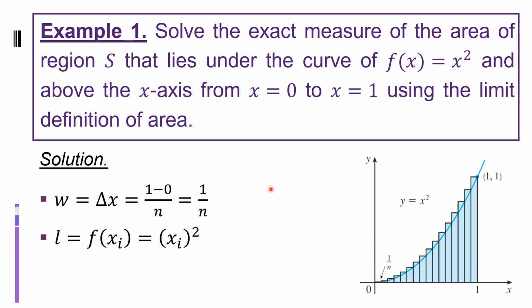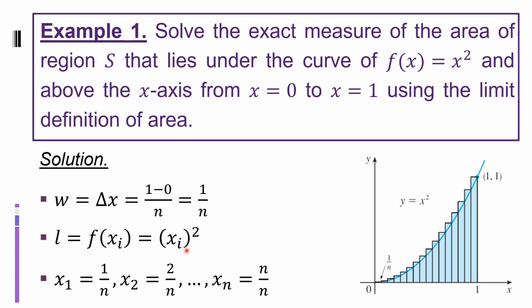Now, the length is f of x sub i equals x sub i squared. So, here, we are using the right end point. So, x sub 1 natin is actually equal to 1 over n. Tapos, yung x sub 2 natin is 2 over n.